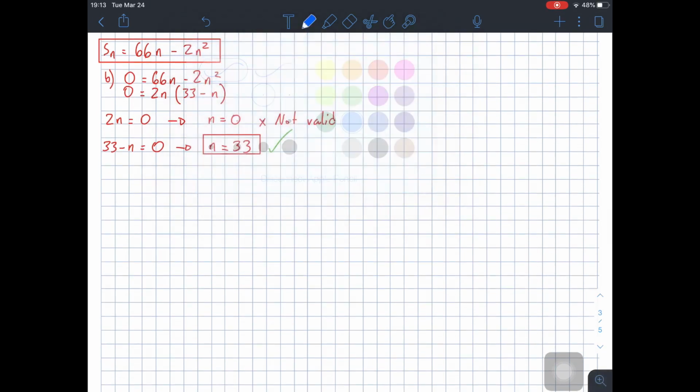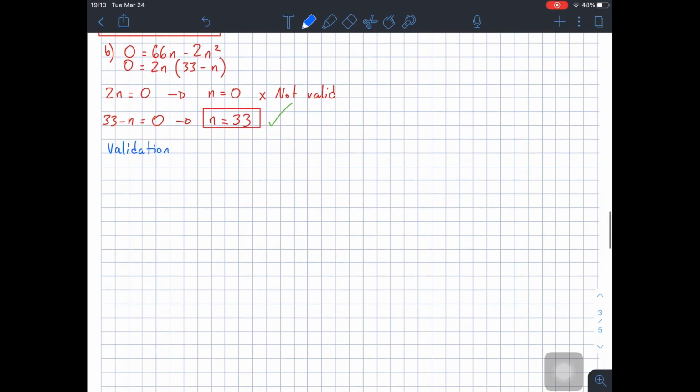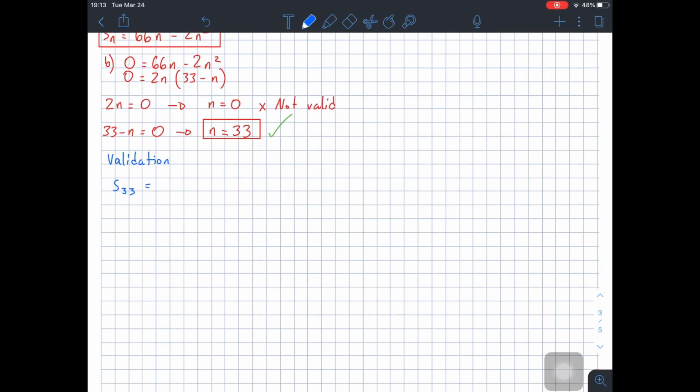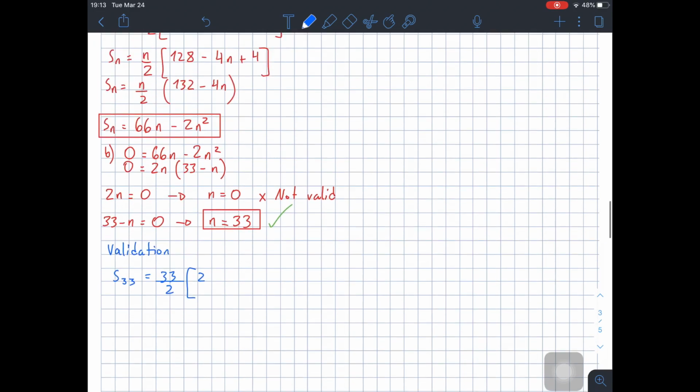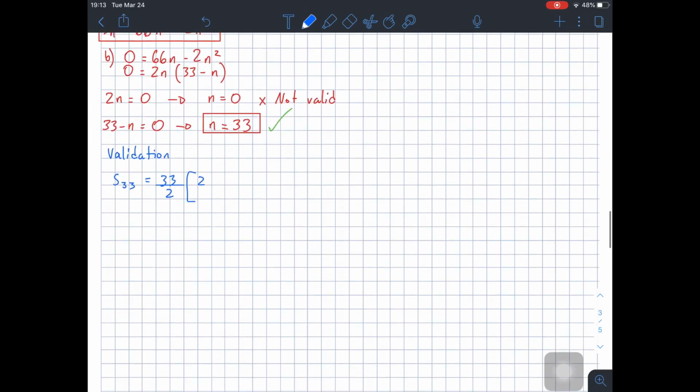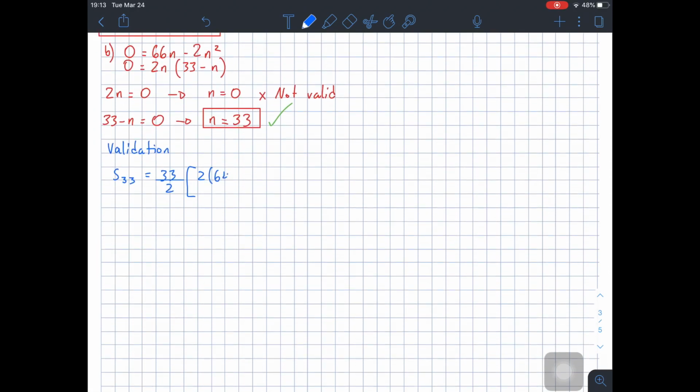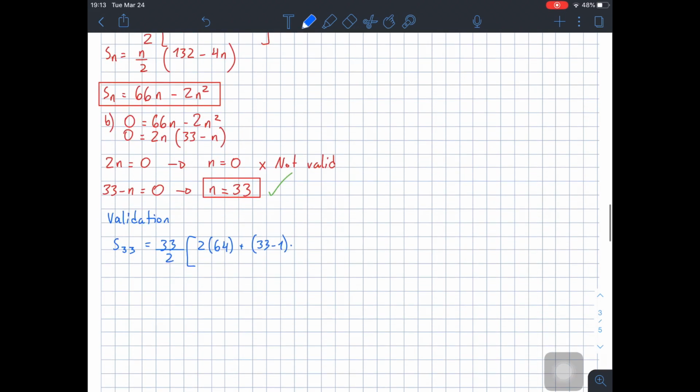I'm going to do it with a different color. Let's write it, validation. If we try to find S of 33, the sum of the first 33 terms of the sequence, by applying the formula, I'm going to apply the original formula. This would be 33 divided by 2 times 2 times u1. u1 in this case is 64, plus 33 minus 1 times the common difference, which is -4.